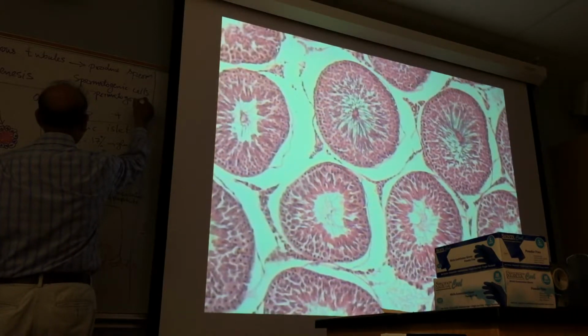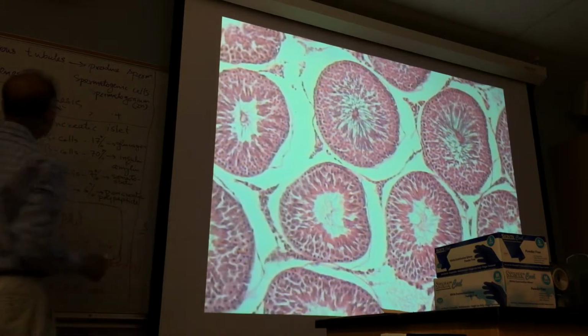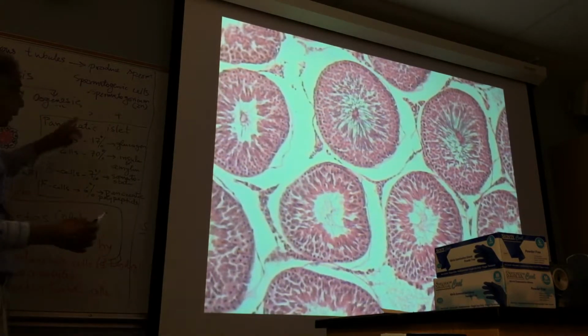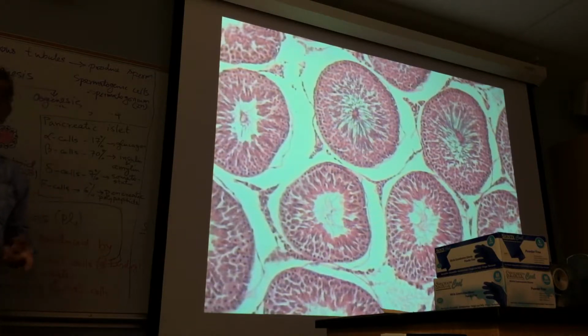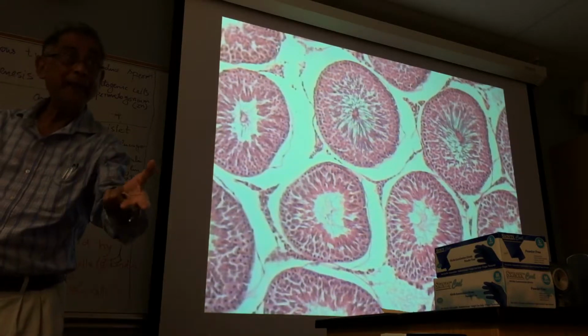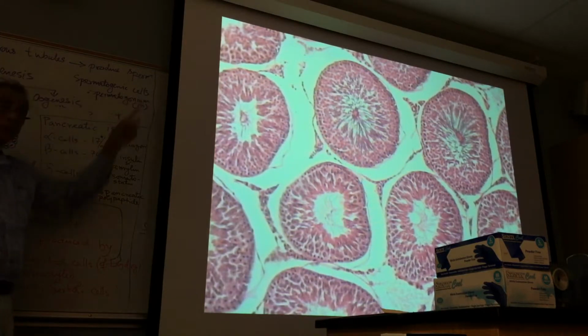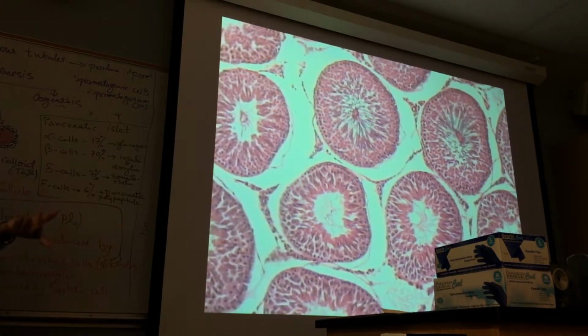This is a stem cell, and this is diploid. Spermatogonium, of course, is a spermatogenic cell. What is the meaning of spermatogenic cell? A cell that will ultimately make sperm. Okay? So spermatogonium is also a spermatogenic cell.